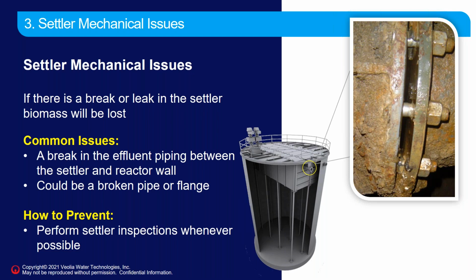If you're doing outages, this is always a good place to inspect. Or if you have a sludge loss issue, you can troubleshoot and try to figure out if this is where the leak is happening by looking at the levels inside the tank, shutting it down, and seeing where the level goes down to. Again, how do you prevent this?